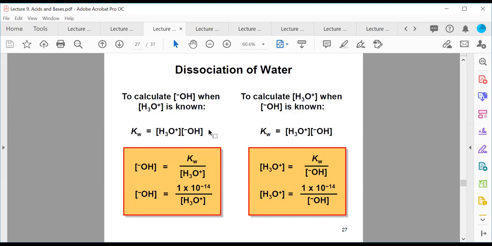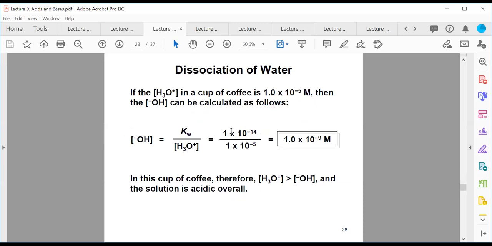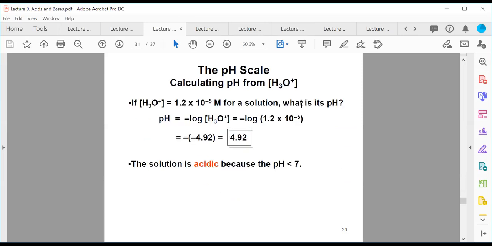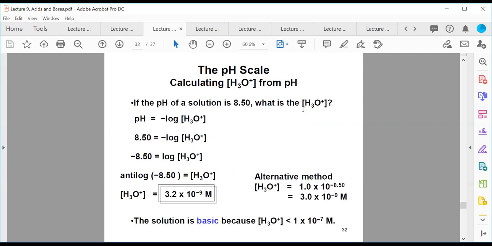The reason that you need to have that handy is so you can calculate using these formulas. Make sure that you know how to calculate pH given a particular value for the hydronium ion concentration. And of course, given a value for pH, make sure that you can calculate the hydronium ion concentration. So the reverse of that.